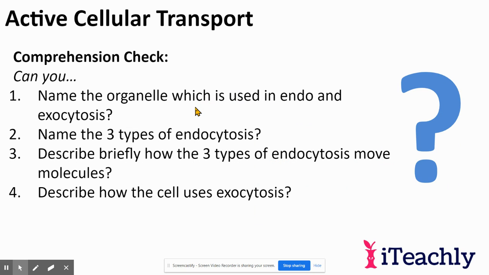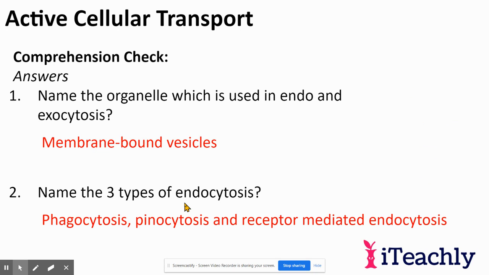Okay, name the organelle which is used in the endo and exocytosis. Name the 3 types of endocytosis. Describe briefly how the 3 types of endocytosis move molecules, and describe how the cell uses exocytosis. So basically, they use those vesicles, and they have those phospholipid bilayer membranes.